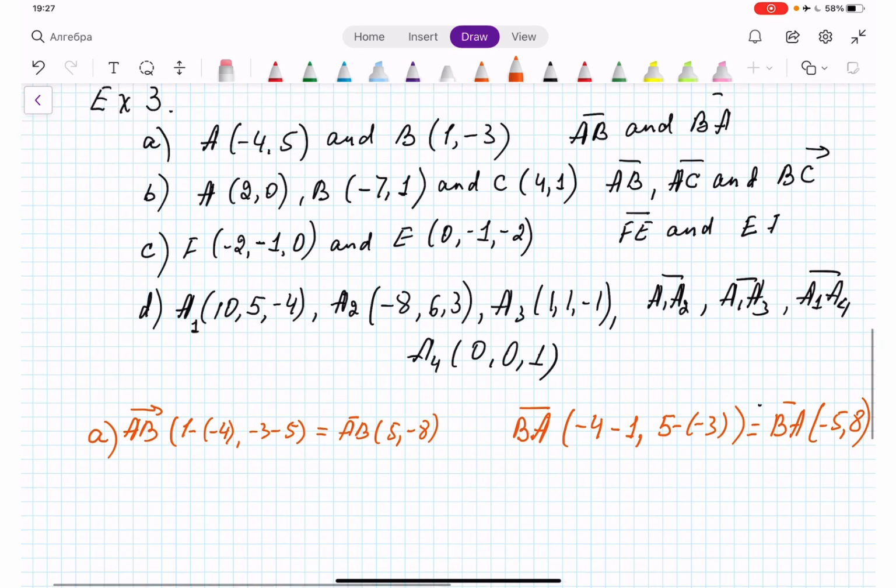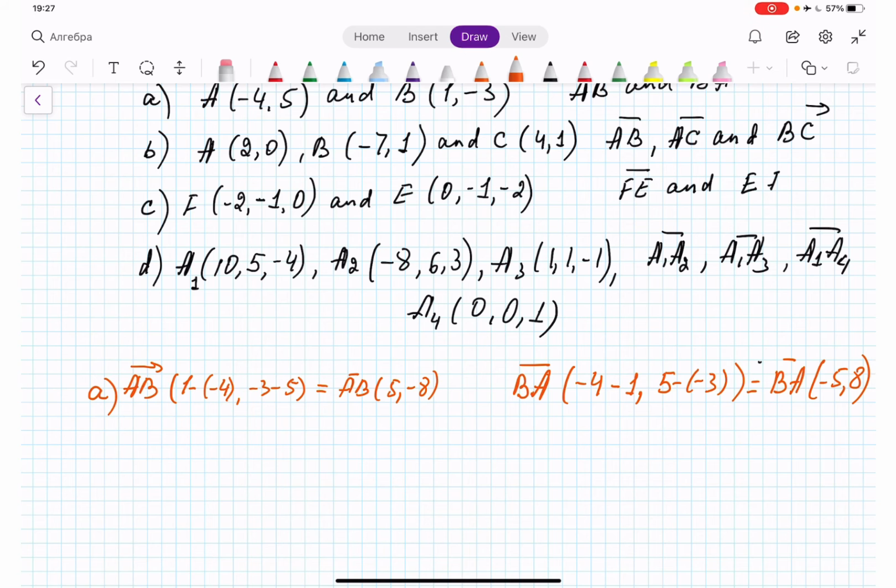Case B, we are going to find 3 vectors. First AB, which is negative 7 minus 2, 1 minus 0, and we get AB as negative 9 and 1.